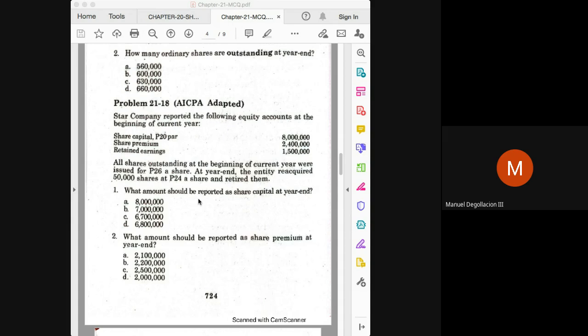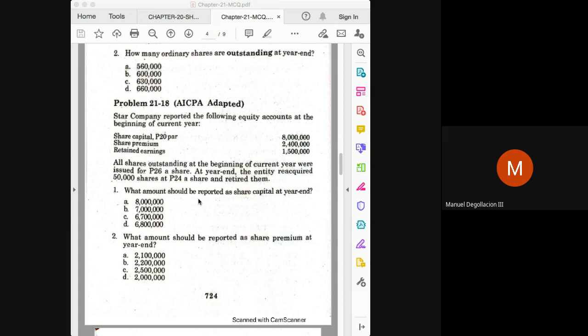In this case, class, you can actually say that there was a gain because you issued these shares for 26 a share, but you were able to reacquire them for 24. But that gain is not recognized in profit or loss. It will just be recognized as share premium.